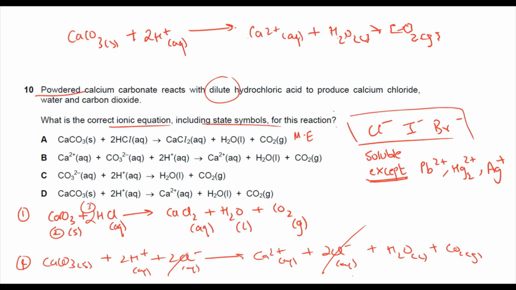Okay, so let's see which option corresponds to this one. It's not this, not this, not this. The answer is D. I hope ionic equations are now clear to you. If you follow all of these steps, each ionic equation will become a piece of cake. Let's go to the next question.